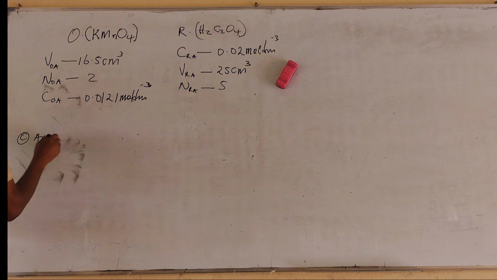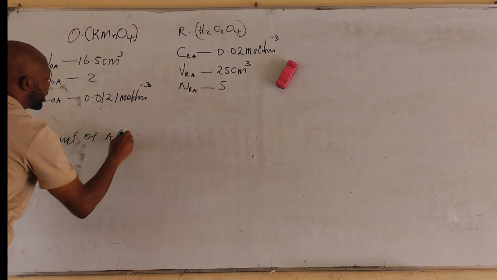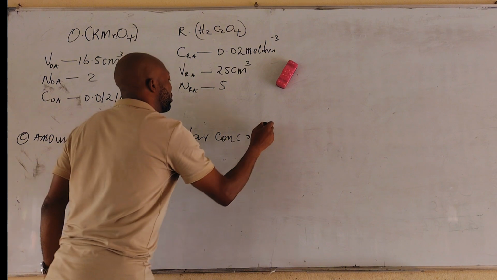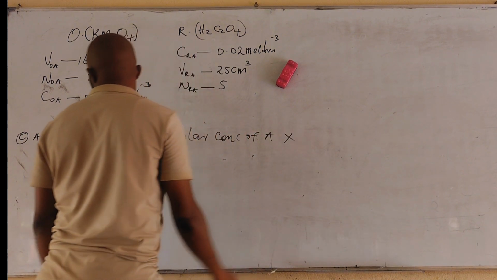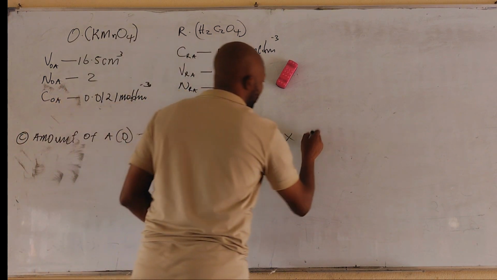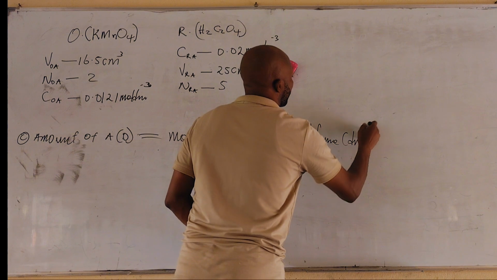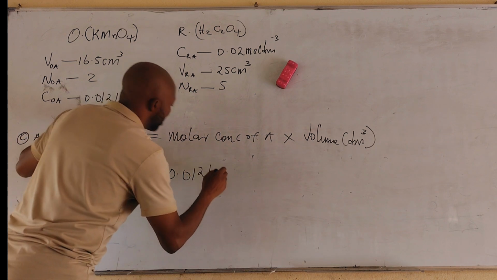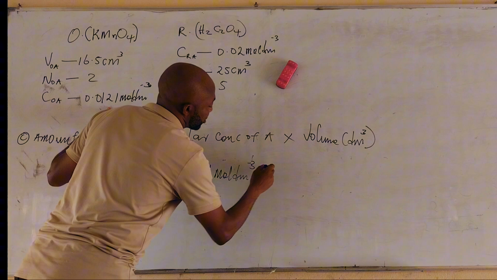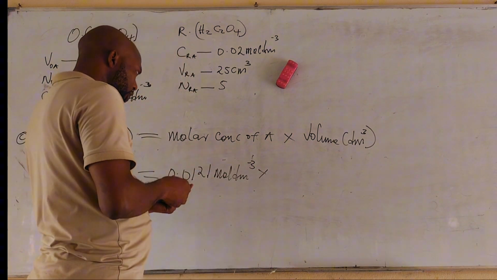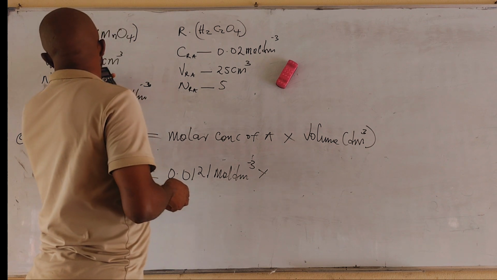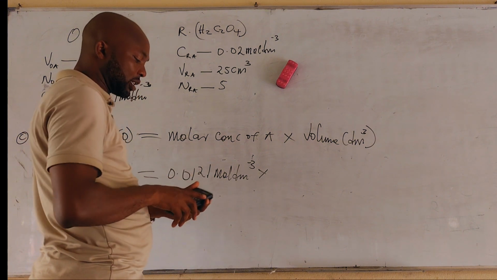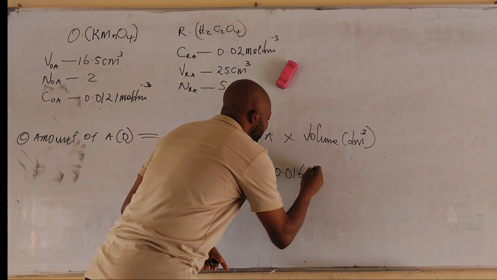Amount of A, the oxidizing agent, is equals to molar concentration of A times volume in dm cube. So the molar concentration is 0.0121 mole per dm cube, times the volume, which is 16.5 divided by 1000, that is 0.0165 dm cube.